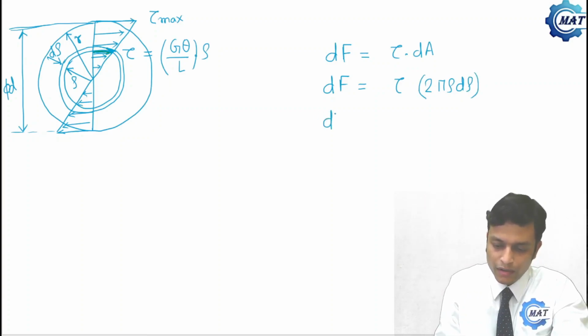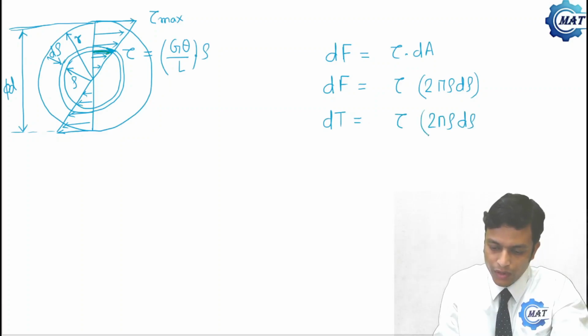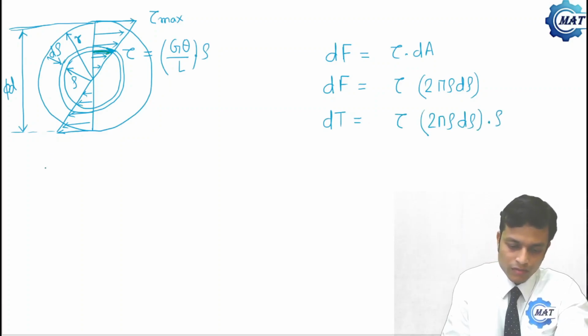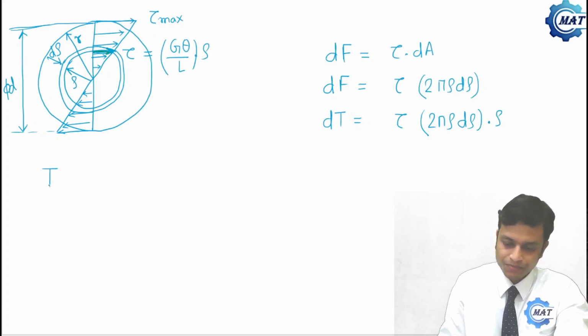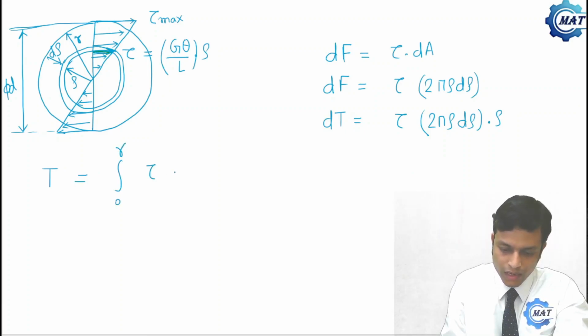Now the elemental twisting moment dT will be tau into 2 pi rho d rho into distance, that is also rho. Now the total twisting moment on the shaft, T, is what? Integral 0 to R of tau 2 pi rho d rho into rho.